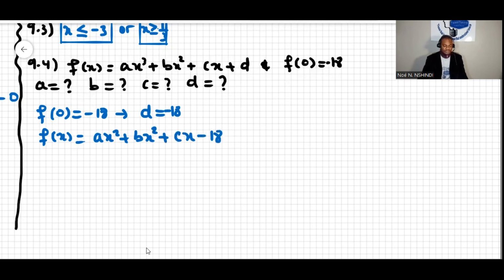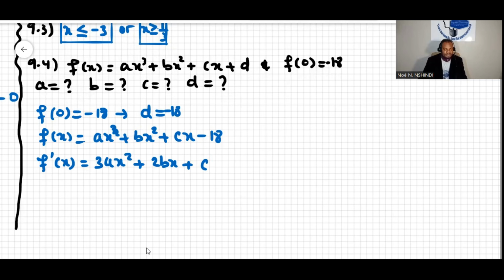Now, we can find the derivative of f of x. f prime will now be equal to, that's cubed, so it's going to be 3ax squared plus 2bx plus c. The derivative of 18 will be 0.